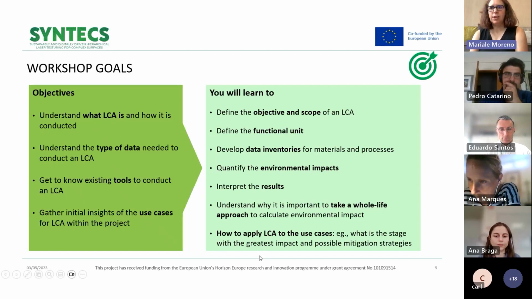Some of the learning outcomes for these sessions are to define the objective and scope of an LCA, define and understand what is a functional unit, also to develop data inventories for materials and processes, quantify the environmental impacts, interpret those results, and also why it's important to take a whole life cycle approach to calculate environmental impact.